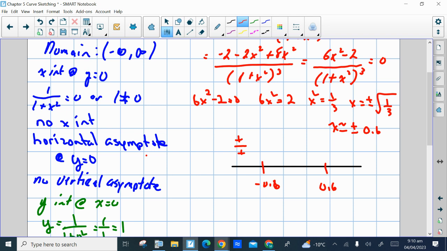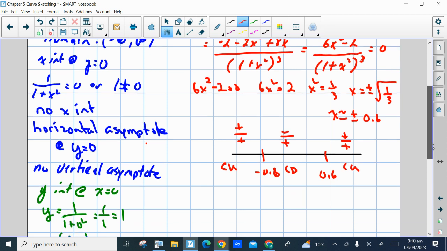You're going to add 1, which is just going to make it bigger to the power 3, also bigger. So the graph is concave up there. In the next interval, if you use a number like 0, we're going to have a negative over a positive. The graph is concave down. Greater than 0.6, like 1, again, you'll have a positive over a positive, so the graph is concave up.